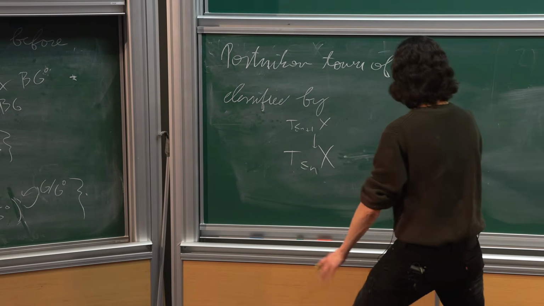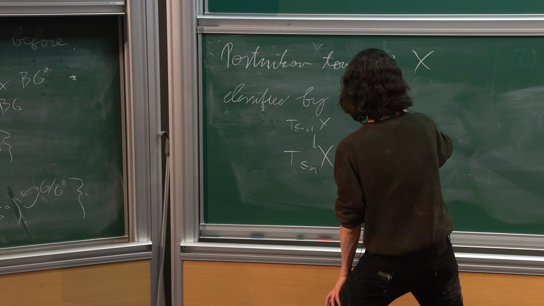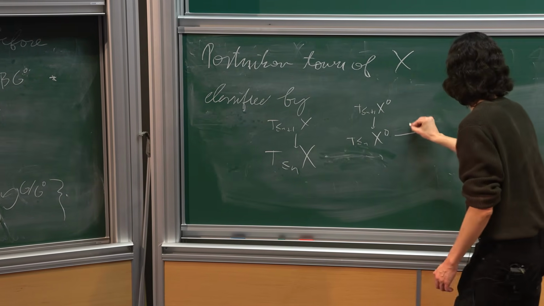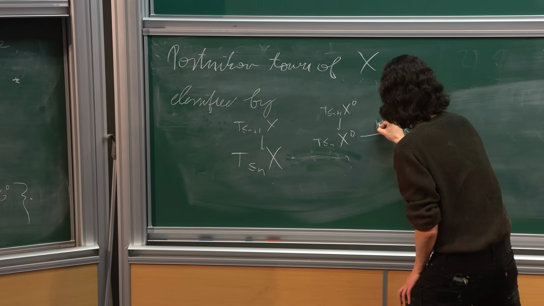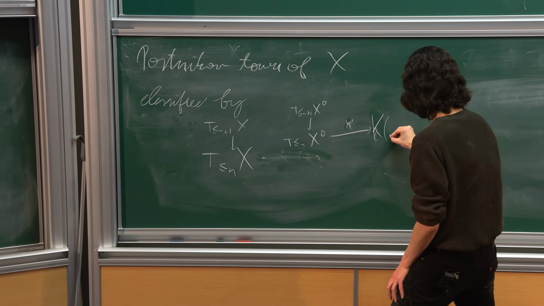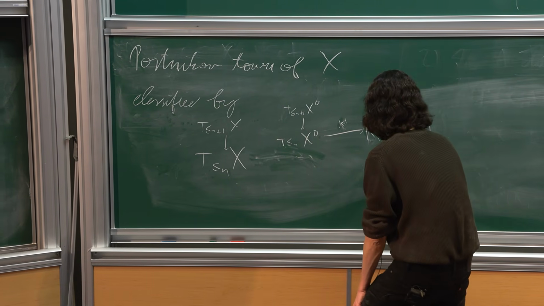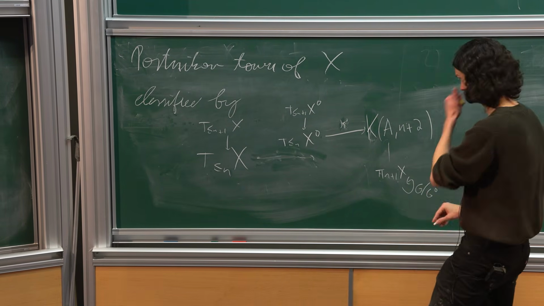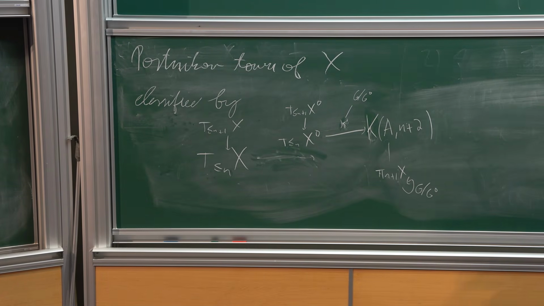It's better if you pass to this thing. And then you have an actual K invariant, kappa, going to K A, now n plus 2, an Eilenberg-MacLane space. So now this is what's going to be pi n plus 1 of X as a G mod G circ equivariant thing, and this kappa should be G mod G circ equivariant.